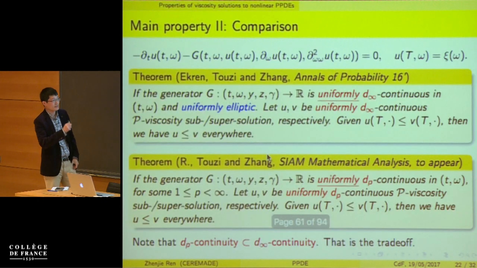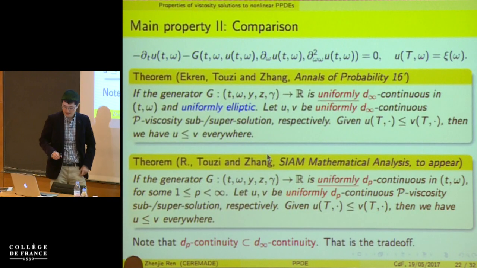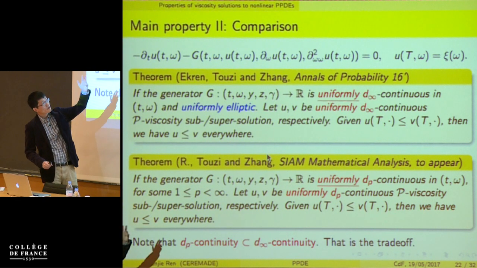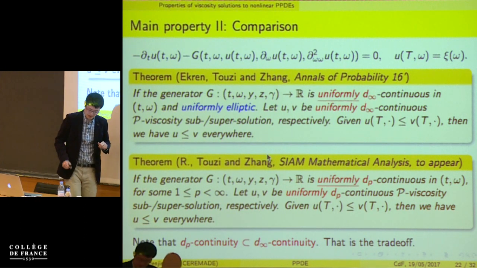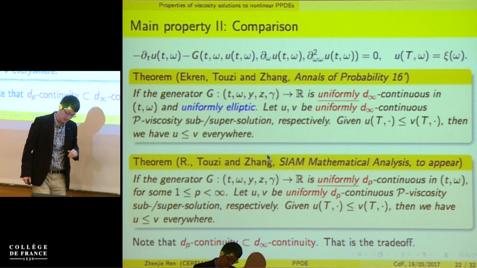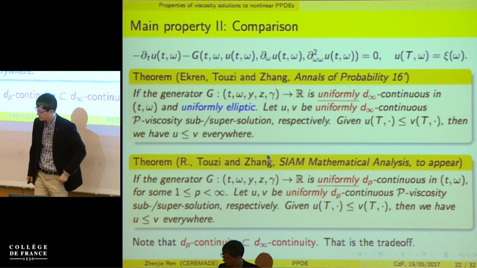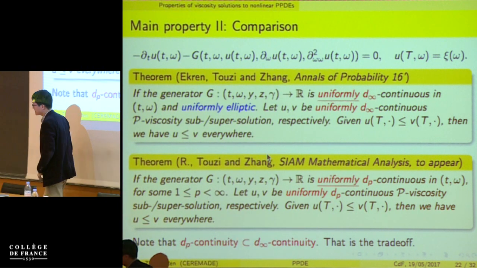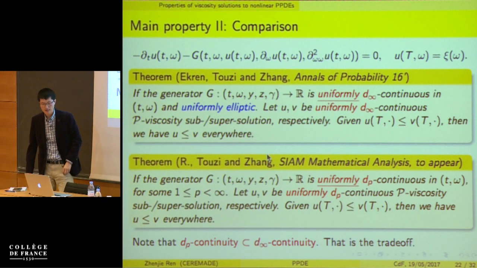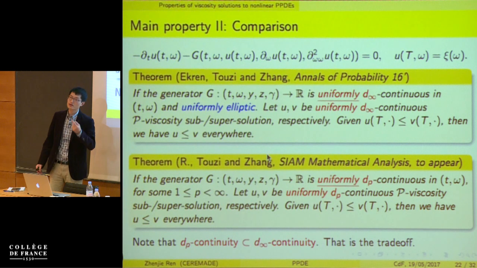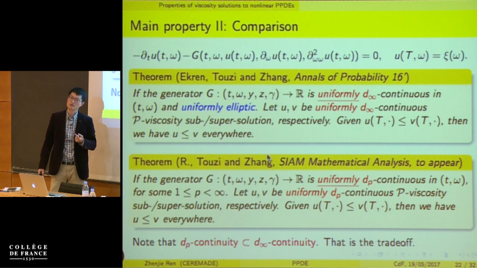Before moving on, there are some more things to tell you on this page. For both results, there is something very bad hidden inside. That's the underlined part: we ask the generator G to be uniformly dp continuous or d infinity continuous, uniformly in all other arguments.